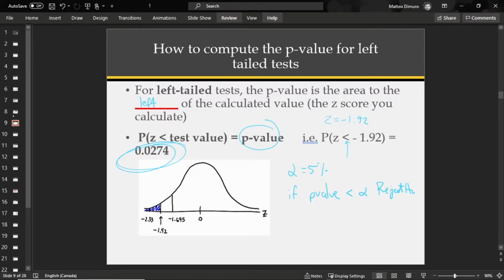In this case, we have a p-value of 0.0274, and our alpha value is 5%. Remember, you've got to turn it into a decimal. Is this p-value less than or greater than this number? Well, it's less than. So in this case, we could reject the H0.